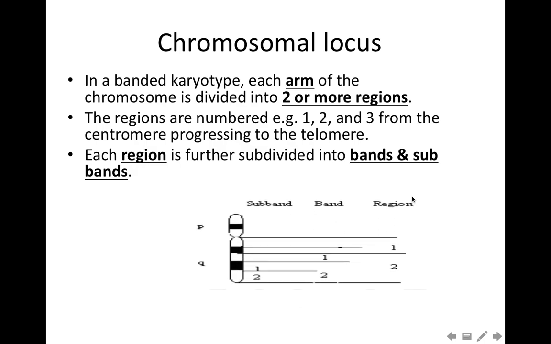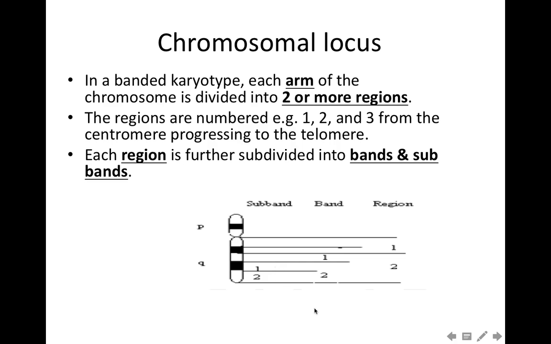So this diagram here can illustrate this, an X chromosome diagrammatic representation, and you can see the Q arm is subdivided into 2 regions. Region 1 is the closer to the centromere, and then region 2 is subdivided into 2 bands, 1 and 2, and you can see here that band 2 is subdivided into subbands 1 and 2.